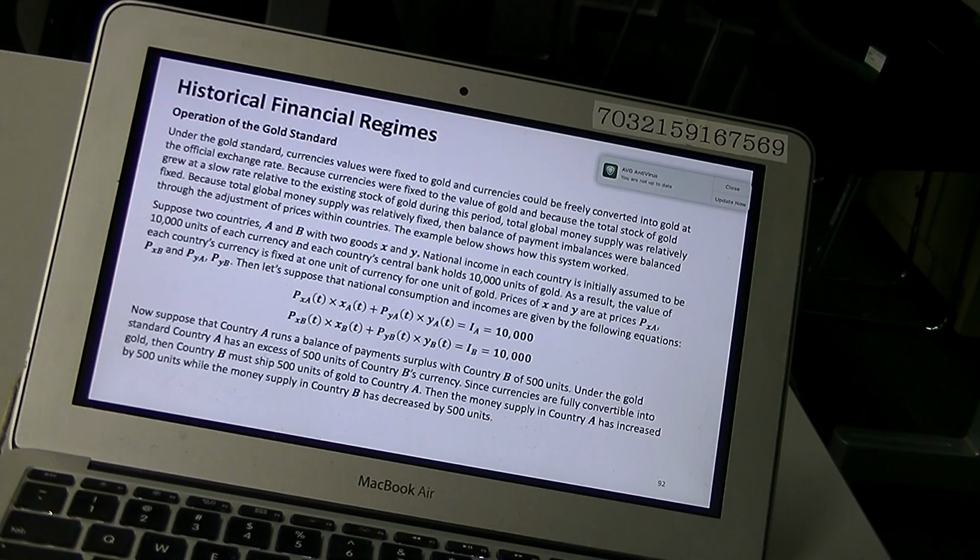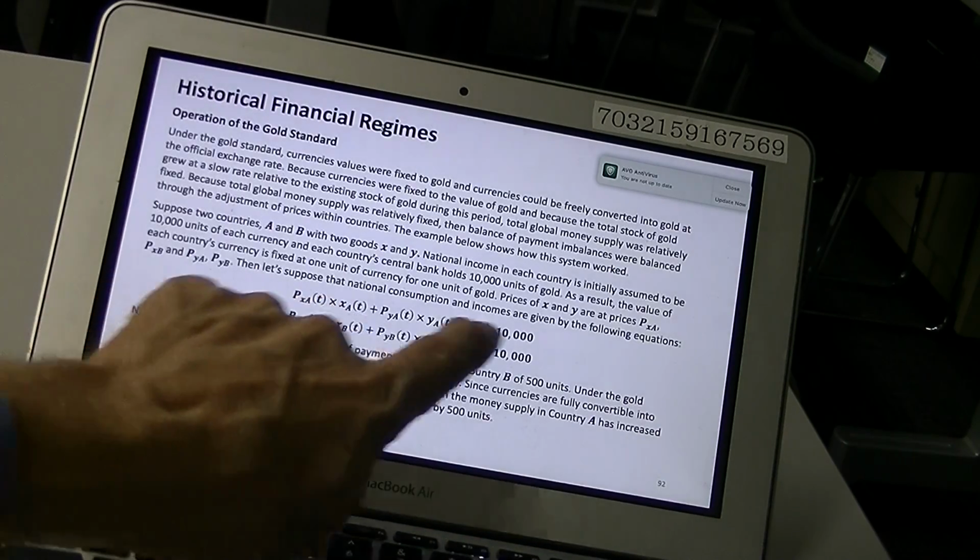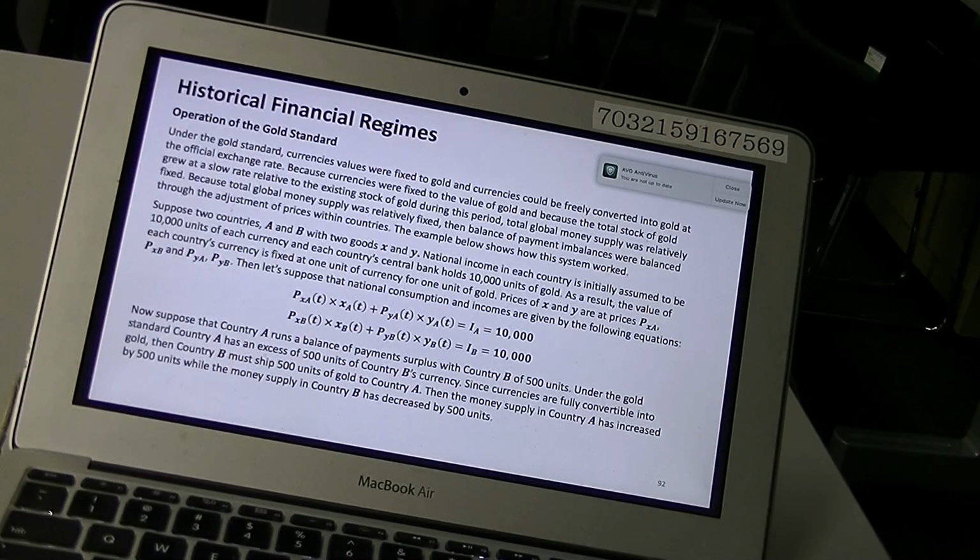So prices of X and Y are at prices, say PXA, PXB, PYA, PYB. So price of X in country A, price of X in country B, price of Y in country A, price of Y in country B, at the currency rates in those countries. So let's suppose we have national consumption and incomes that are given by these equations.